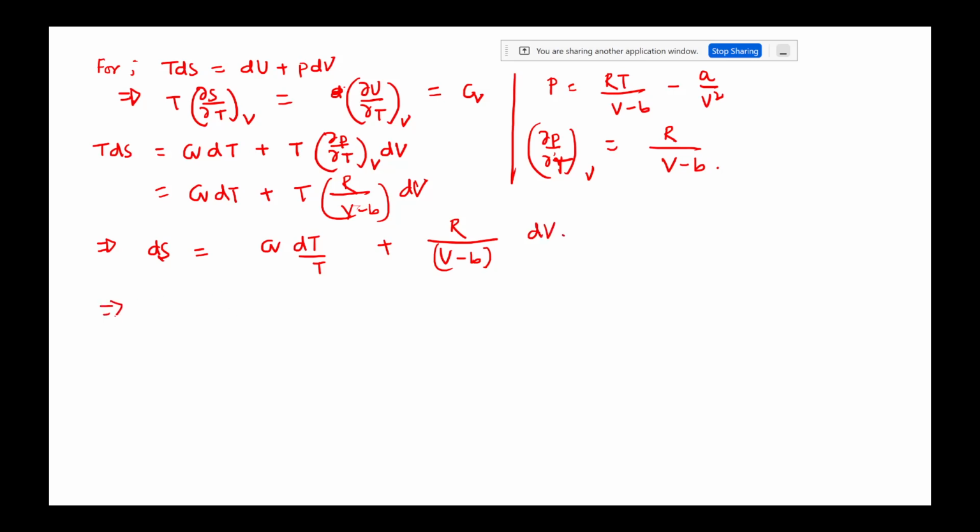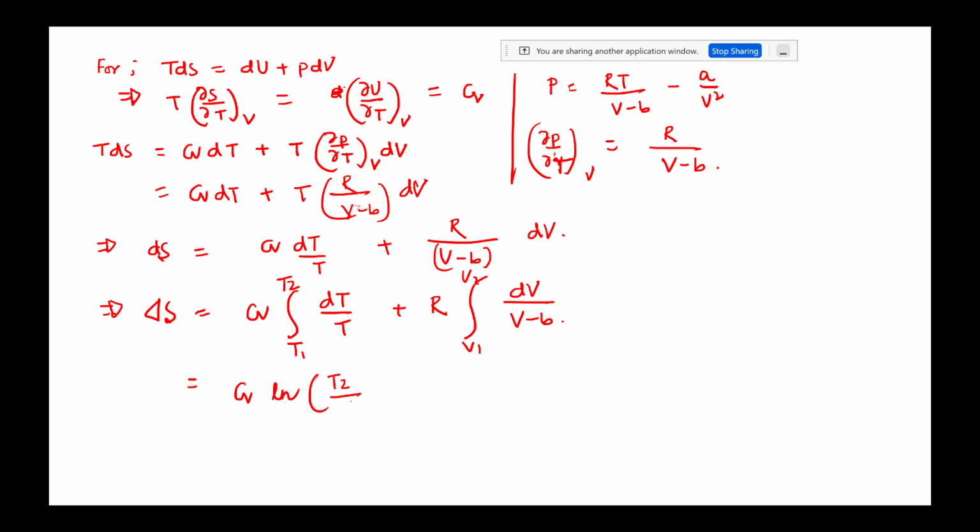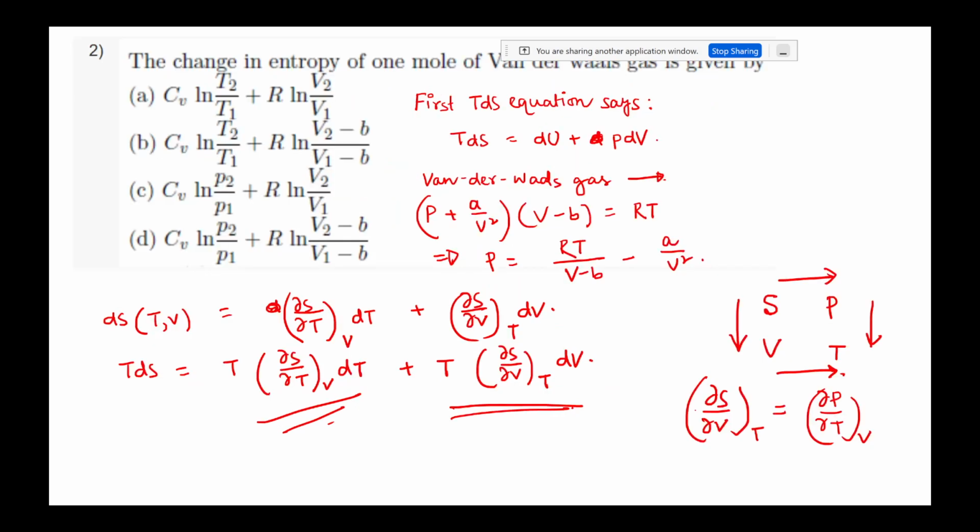Now let me take the integration. So delta S, the entropy change, will be the integral from T1 to T2 of CV dT by T plus R integral from V1 to V2 of dV by V minus b, which is a log. Then you can write CV ln T2 by T1 plus R log of V2 minus b divided by V1 minus b. In that case, this is the correct option. So option B is the correct option.